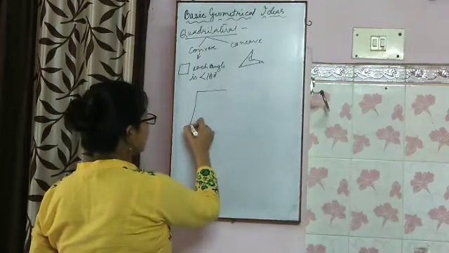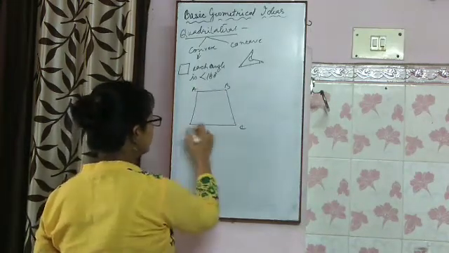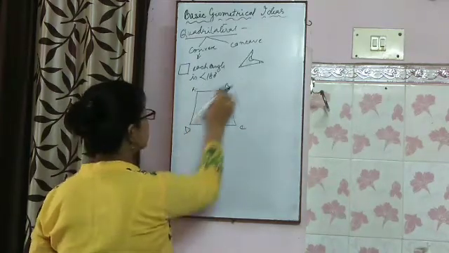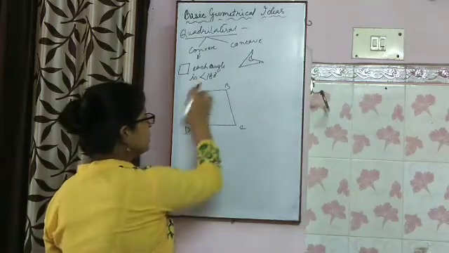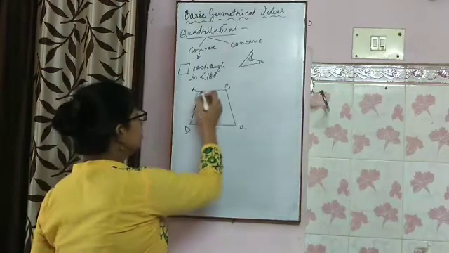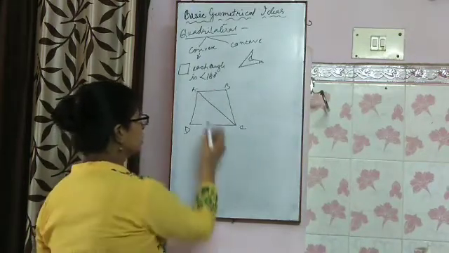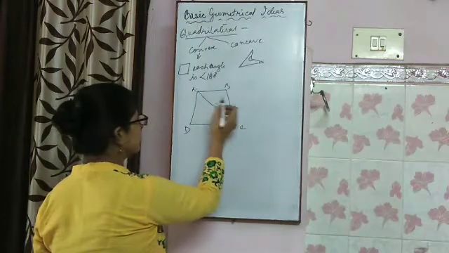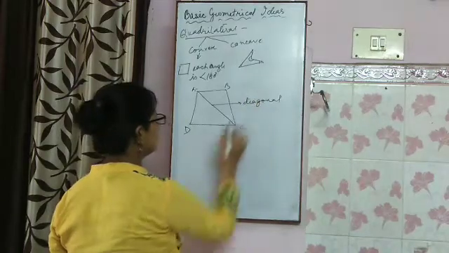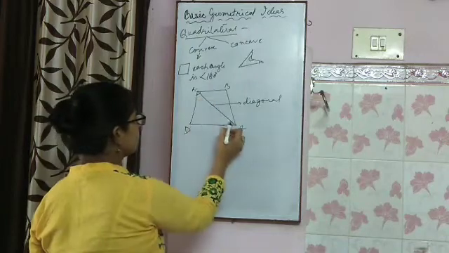Now in a quadrilateral, anyways, A, B, C, D, we can name it in this way or that way, in a cyclic order, but not as A, B, C, D in a random order. So if I join 2 opposite points, then it is called a diagonal. These 2 are opposite angles.